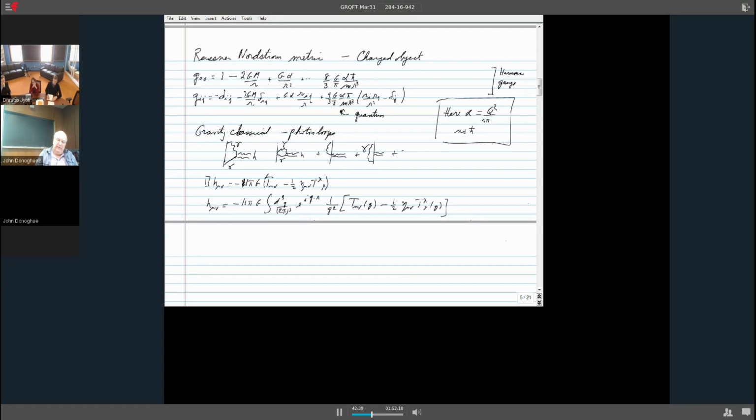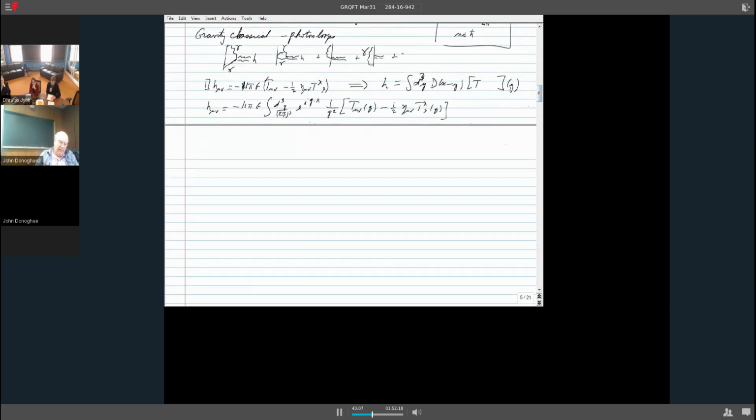I have then minus 16 pi G integral d3q over 2 pi cubed e to the i q dot r, 1 over q squared, and T mu nu of q minus 1/2 eta mu nu T lambda lambda of q.